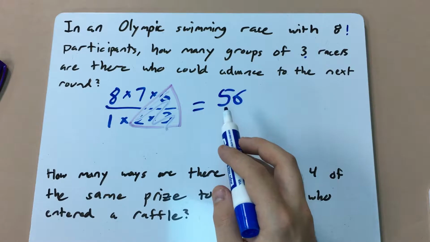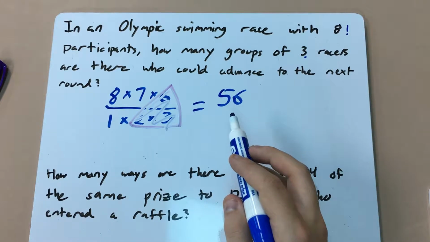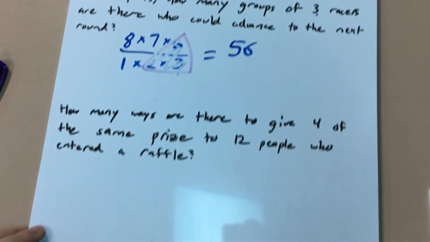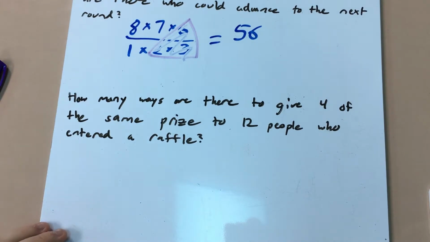So that means that there are 56 possible groups of 3 racers who could advance to the next round, as opposed to in the permutations problem, where there were 336 ways to pick out a gold, silver, and bronze medalist.